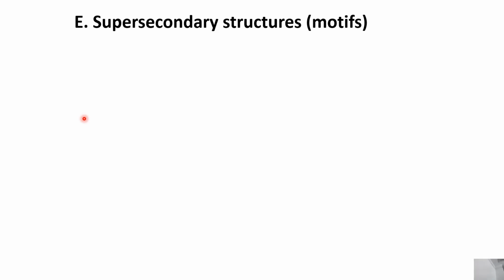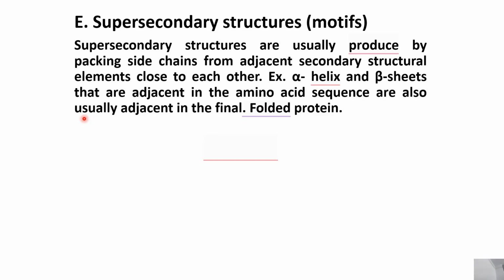Now, what do you mean by super secondary structures or motifs? You must have heard or used the word motif a lot while studying biology, structural biology specifically. Super secondary structures are usually produced by packing side chains from adjacent secondary structural elements close to each other, like alpha helix and beta sheets.